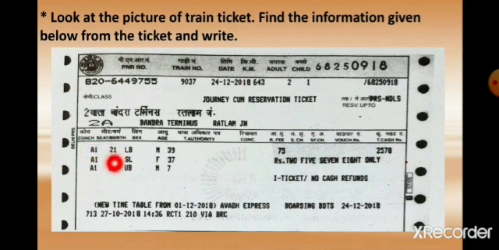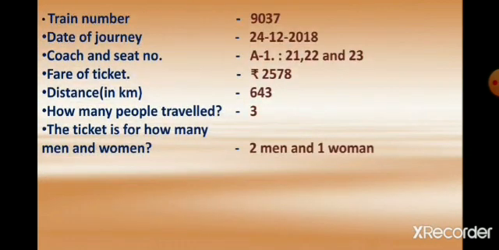Berth, seat number, that is 21, 23, 22. Now person is male or female, that is written here. M stands for male and F stands for female. This is their age. Now this is the total cash that they pay for journey, that is 2578.